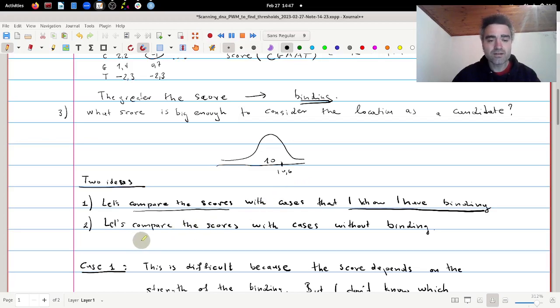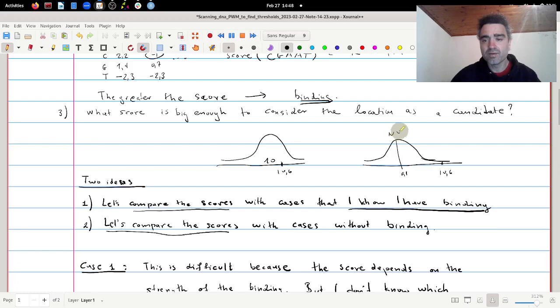Now the second idea is to do exactly the opposite, to compare the scores that we have with cases without binding. Again, the idea would be the following. If we know that when we don't have binding, the scores are around, let's say, 0.1, and our score is again 10.6, then we say, oh, look here, my value does not fit the distribution of scores when I don't have binding.